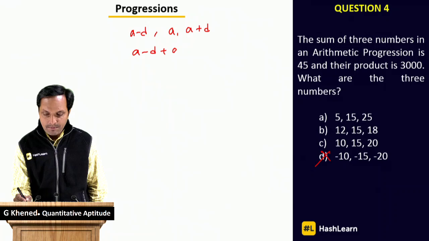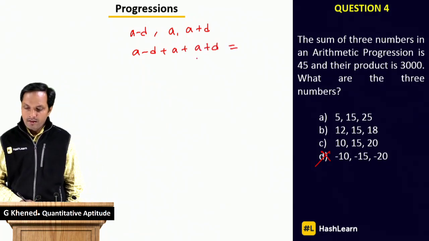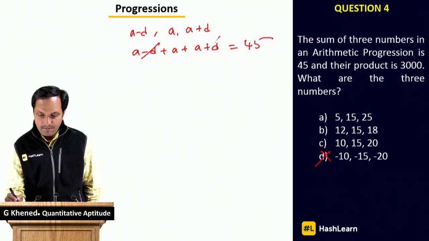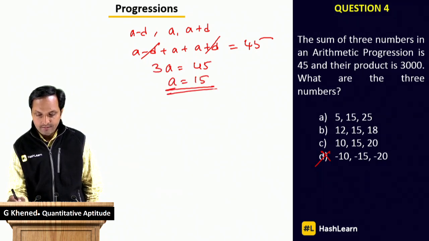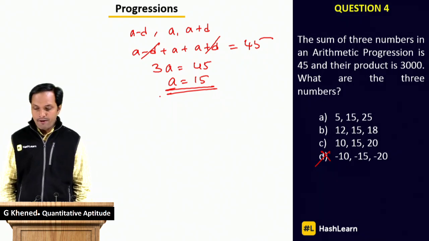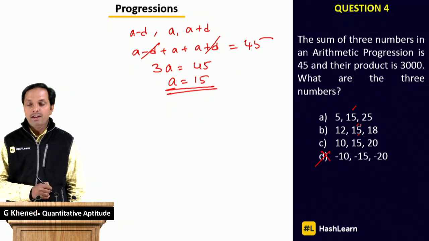So A minus D plus A plus D plus A is 45. If you cancel minus D plus D, 3A is 45, so A is 15. How many options have 15? You have 15 here, here and here.